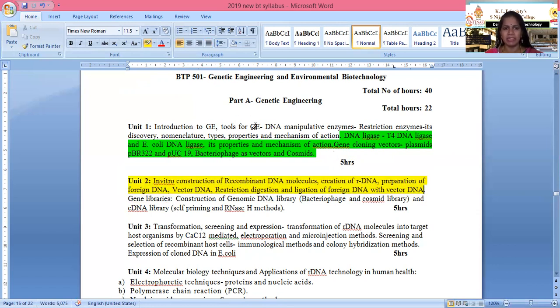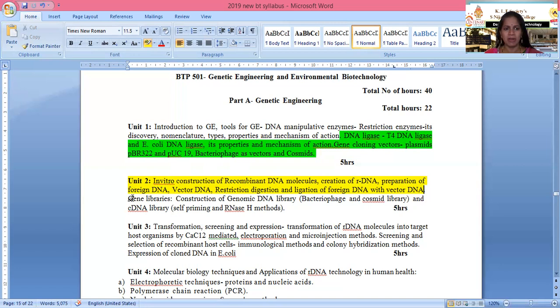In the beginning, you'll understand the introduction to genetic engineering, tools of genetic engineering and rDNA technology. Once you understand restriction enzymes, DNA ligase and cloning vectors, then you'll think about how to construct, or create, the recombinant DNA molecule. You are going to study that here.